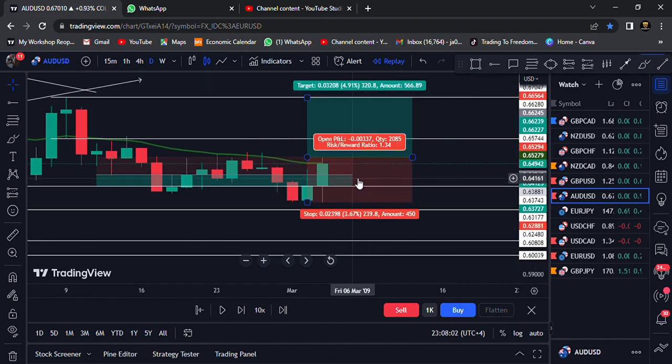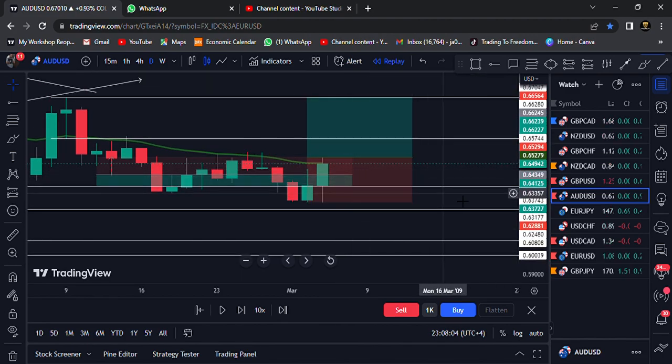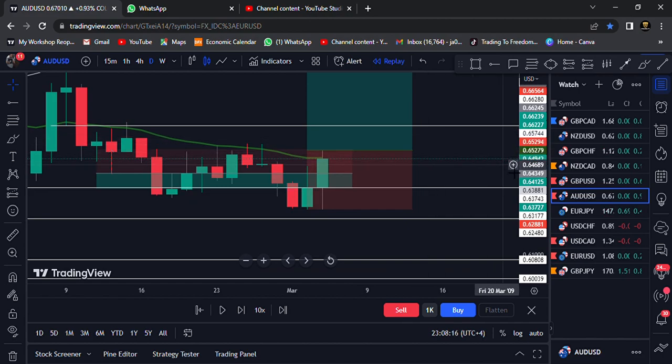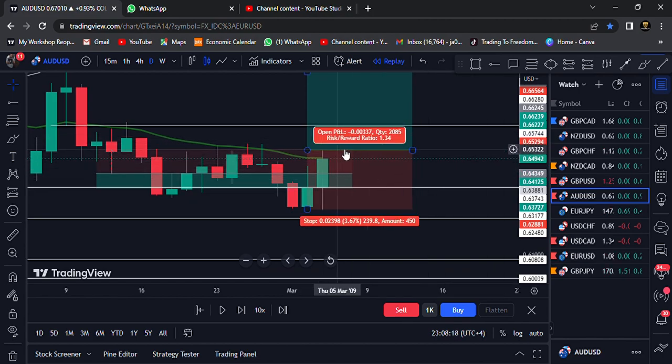You can see the risk reward ratio is very high, but trusting my strategy and the level at which I'm going to take my profit, I know there is no issue about it. If it gets triggered, I'm going to take my profit before price comes back right down here.